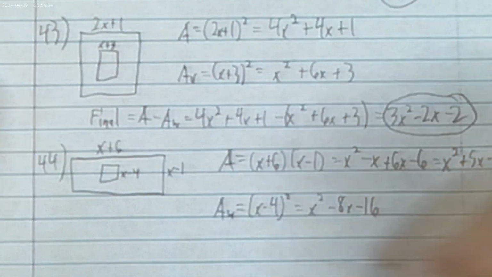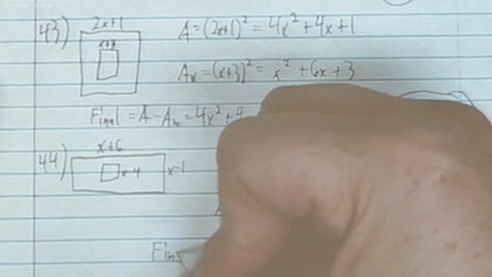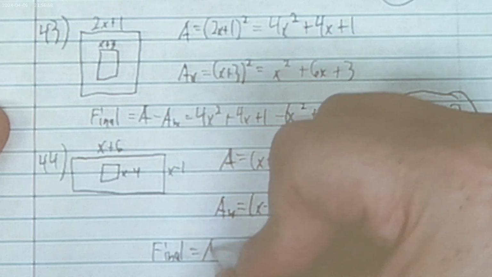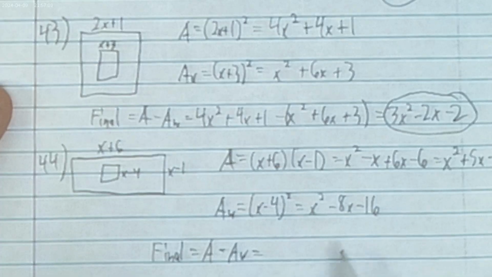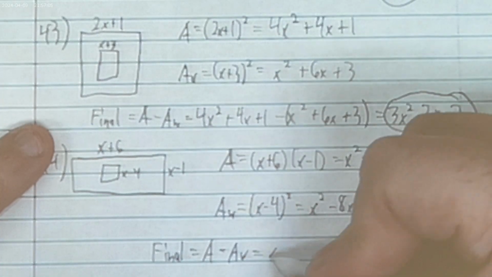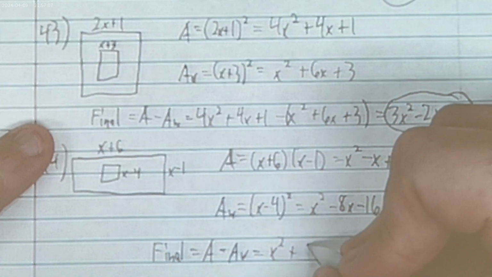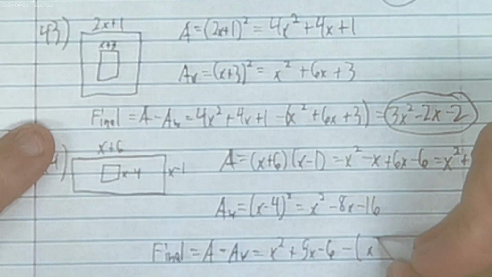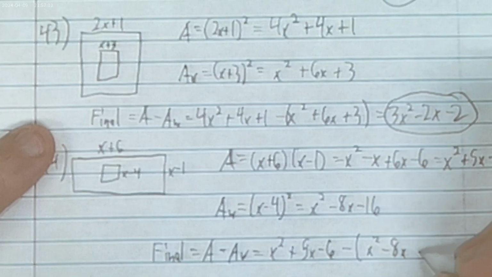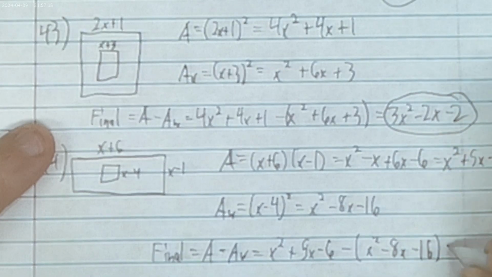All right. So for our final, we have A minus a-w, which equals x squared plus 5x minus 6 minus x squared minus 8x minus 16.